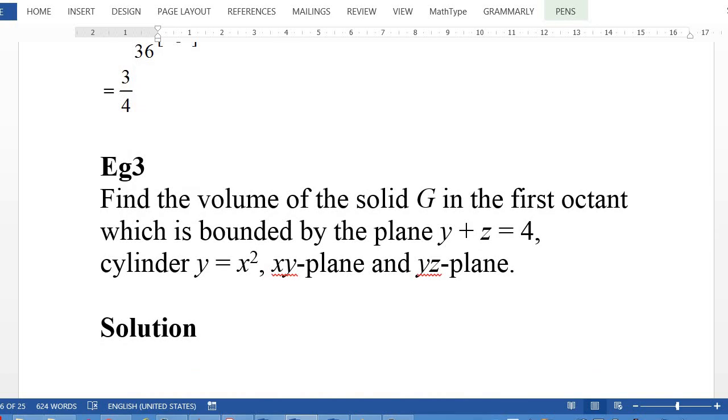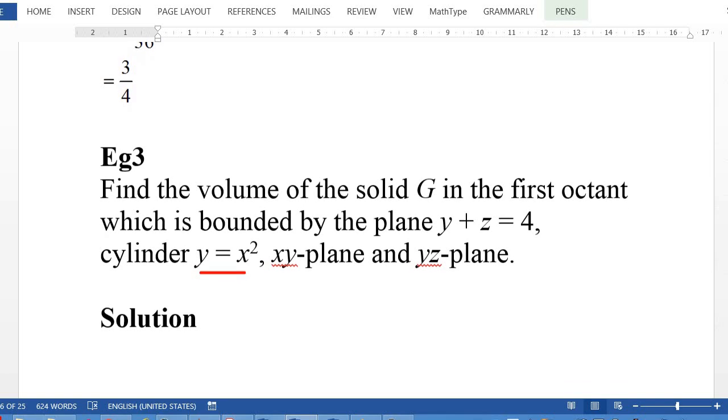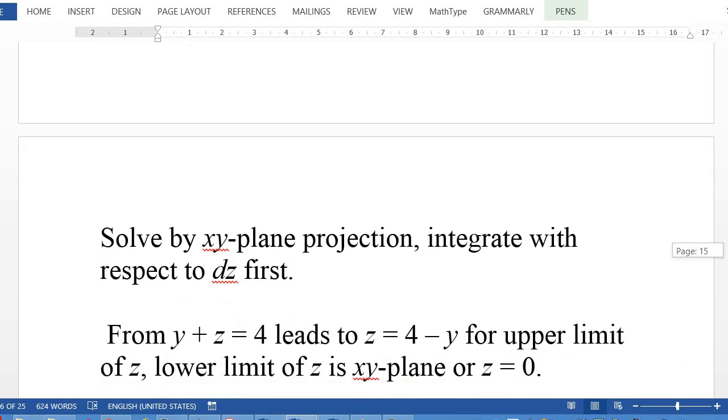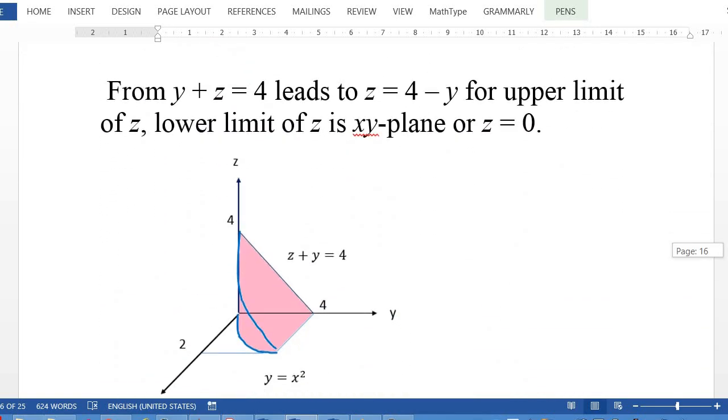Okay, the third example: find the volume of the solid G in the first octant, which is bounded by the plane y plus z equal to 4, cylinder y equal to x squared, xy plane, and yz plane. This one.